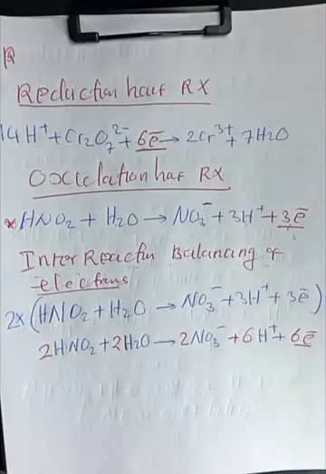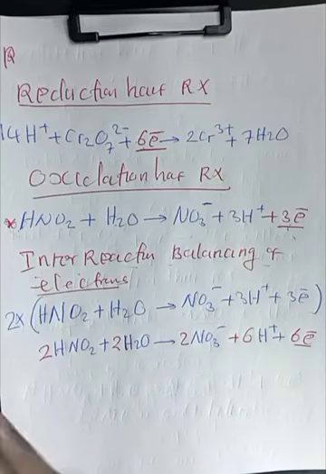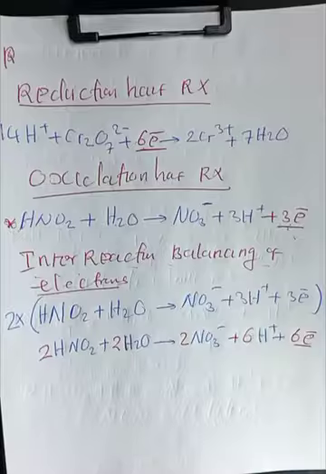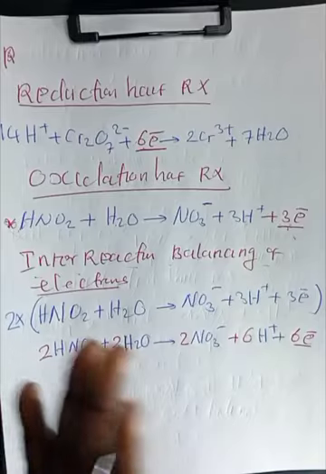Okay, so we have balanced the electrons in the reaction, meaning we have balanced everything. So now we can add the 2 reactions. We have balanced all the elements. We have balanced hydrogen, we have balanced oxygen, and we also balanced the electrons.